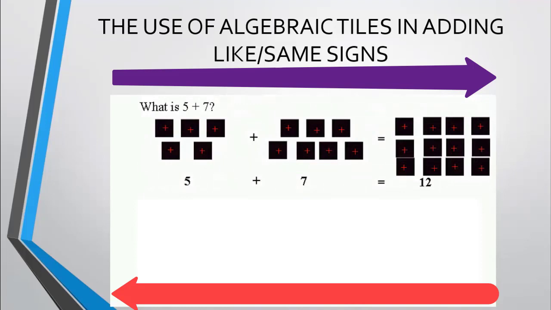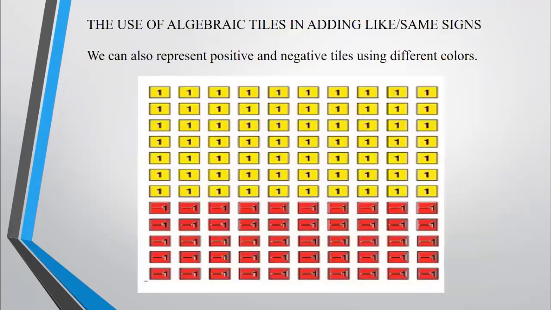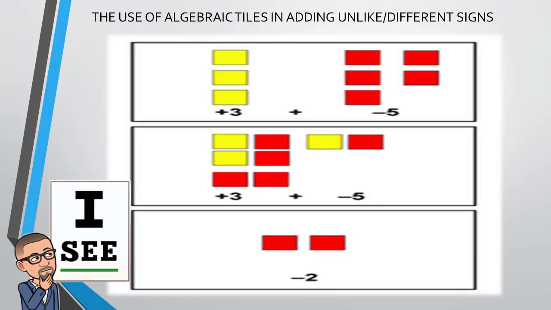And negative 5 plus negative 7 equals negative 12. Here we use tiles with positive and negative signs, but we can also represent positive and negative tiles using different colors.